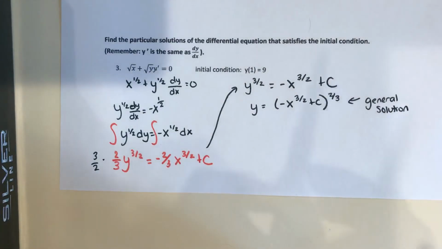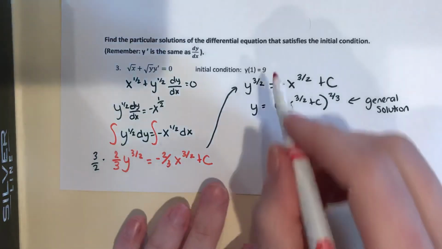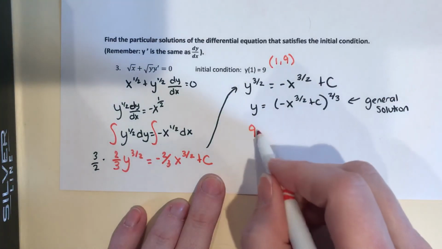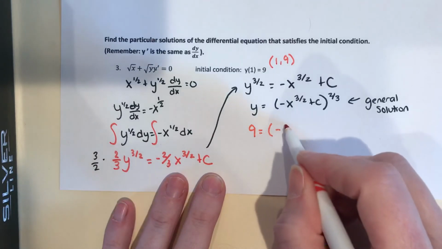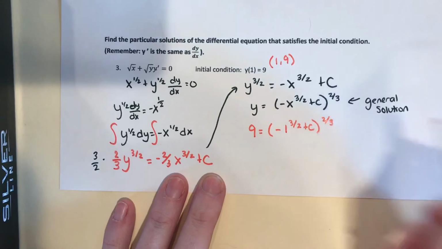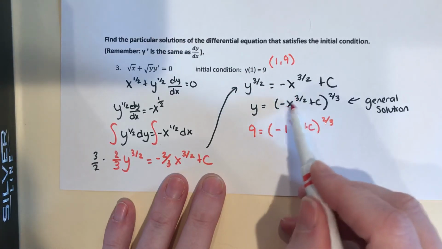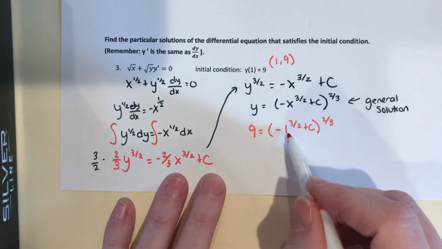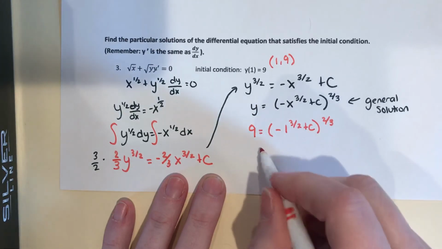Now I'm going to use my initial condition to solve for the particular solution. So I have the point (1, 9). I'm going to plug 9 in for y, 1 in for x. One thing to think about, this negative means that whatever we get over here, the answer is going to be negative. So 1 to the 3/2 is 1, but that makes it a negative 1.